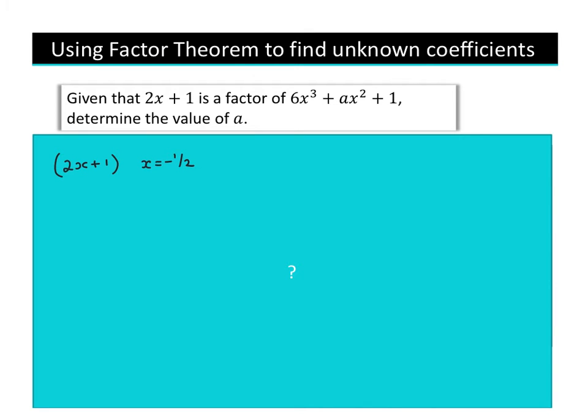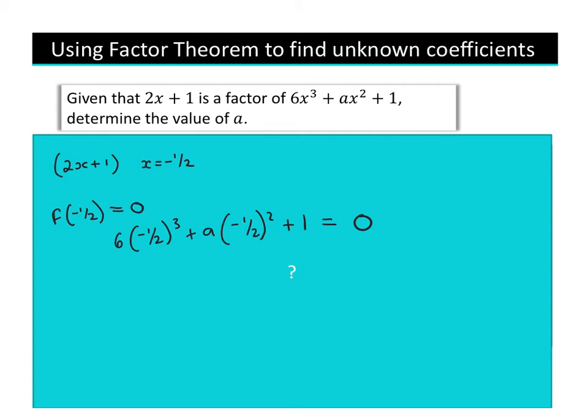So to find our value of a, when we put minus a half into the function, we should get 0 if this is a factor, and it says it is. So that means we're going to have 6 lots of minus a half cubed plus a lots of minus a half squared plus 1 equals 0.